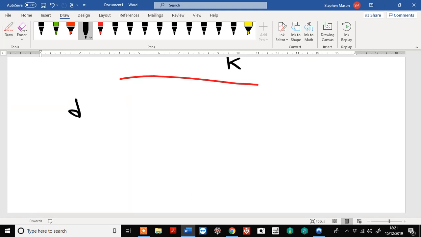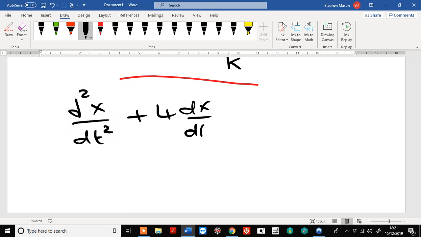I'm going to make it up as I go along. So d squared x by dt squared plus 4 dx by dt plus 4x equals -1.